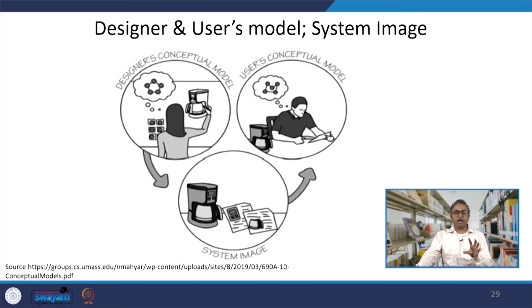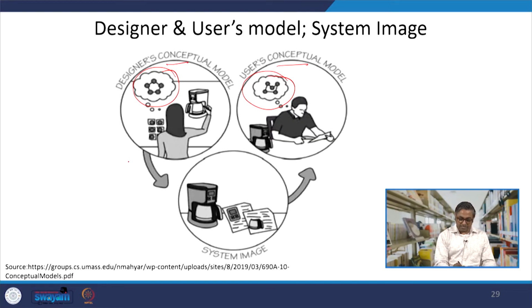The designer has to come up with a concept which should be similar to the user's conceptual model. If the designer's conceptual model and the user's conceptual model are not similar, then the chances of error may happen.